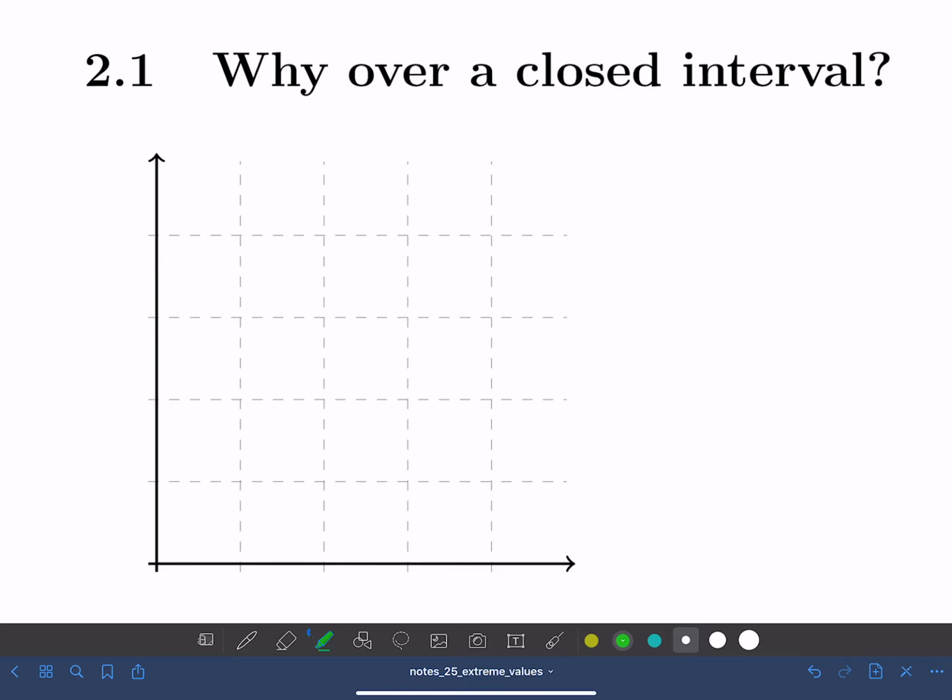Well, let's choose an interval. Let's consider that to be my interval. And let's let it be open, so that when I draw my function, I have to put circles there. Let's consider even the simple case of that function.